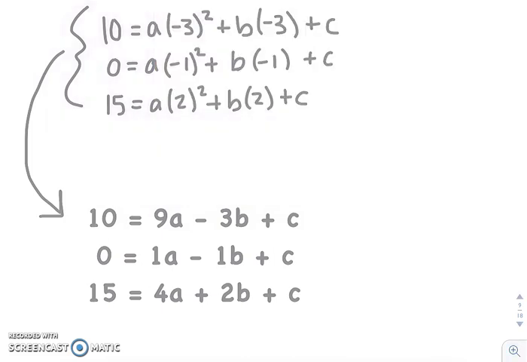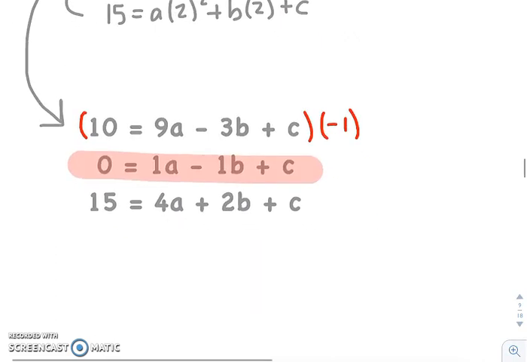So we're going to get rid of or eliminate the c. So let's manipulate the first one and add it to the second. So if it's a positive, one needs to be positive, one needs to be negative.